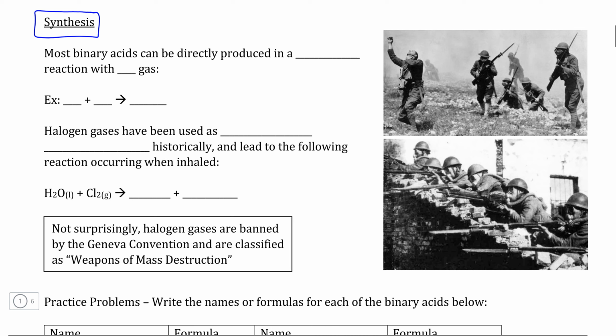So most binary acids can be directly produced in a relatively simple synthesis reaction between the non-metal and hydrogen gas. If we take hydrogen gas, which we write as H2 because it's diatomic, and react this with chlorine gas, Cl2, again in its diatomic form, the two elements would react together and undergo a very violent synthesis reaction.